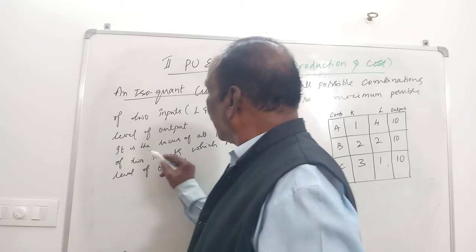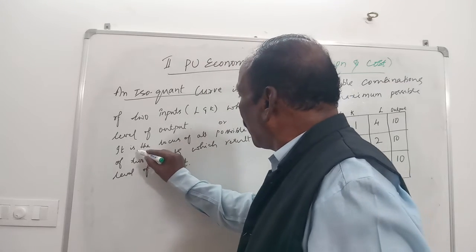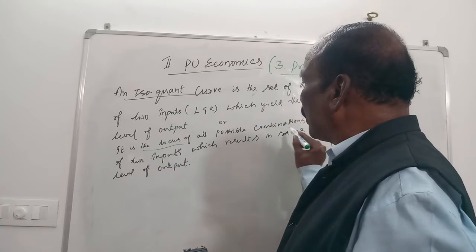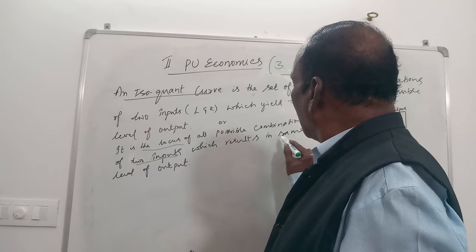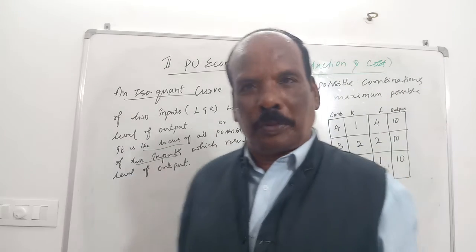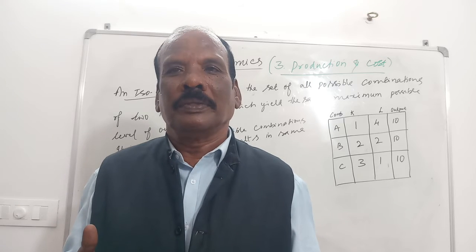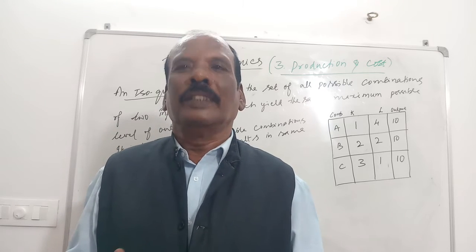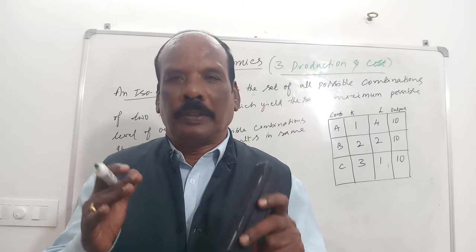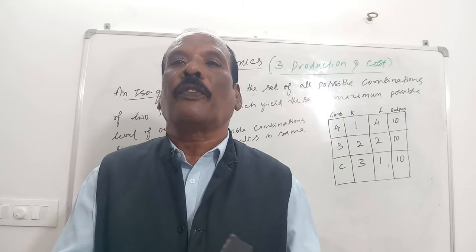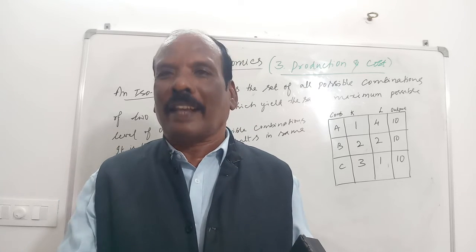In other words, it is the locus of all possible combinations of 2 inputs, which results in same level of output. In simple terms, summarizing, it is nothing but a group of different combinations of two inputs, namely labor and capital.